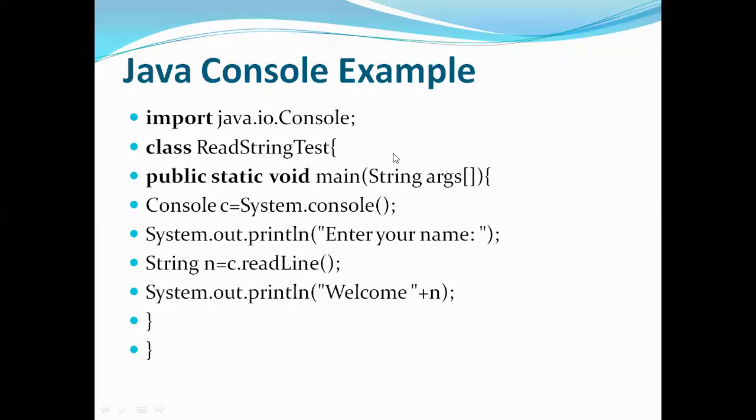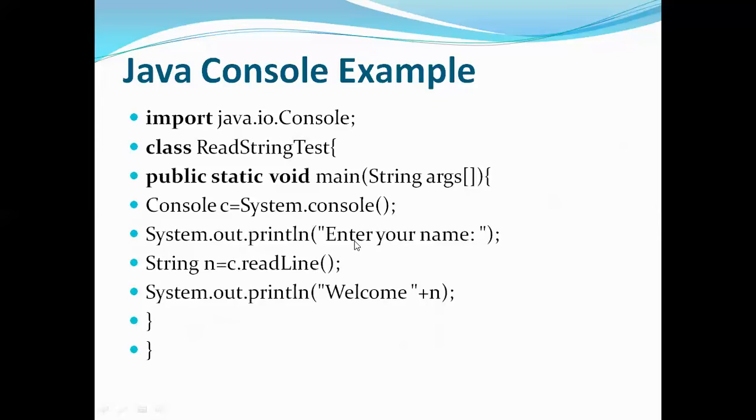To create the object we have to write: Console object name is equal to System.console(). Whereas for the previous one, with BufferedReader, we were writing BufferedReader object name is equal to new BufferedReader, likewise for Scanner also, whereas for Console it is a bit different. So this we have to remember: Console object equal to System.console().